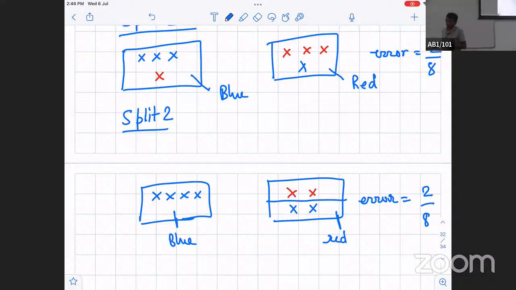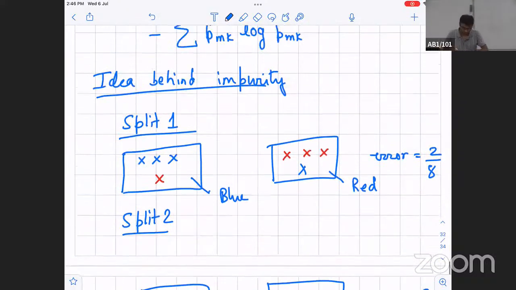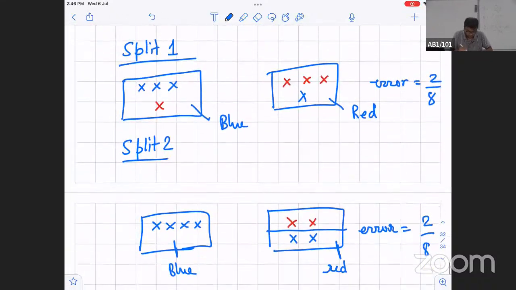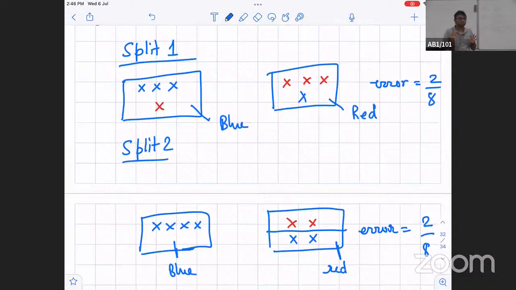So if I use just misclassification, I cannot tell the difference between the two. If I use just the probability of error, both give the same probability of error. I will not be able to distinguish them.